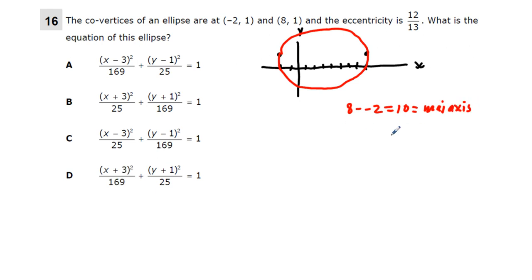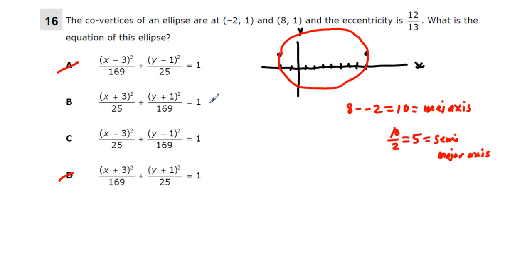So our semi-major axis is 10 divided by 2, which equals 5. That means we're going to have x squared divided by 5 squared, which is 25. So A is gone, D is gone.